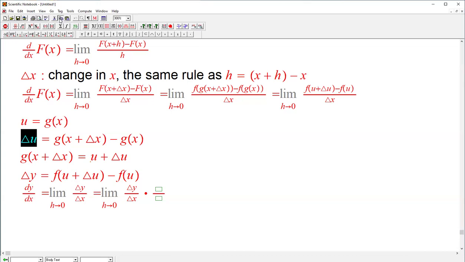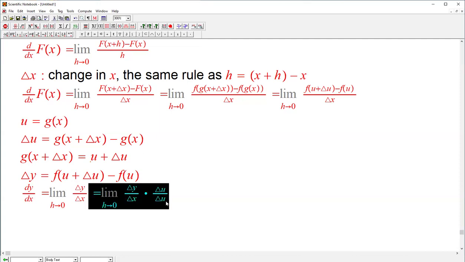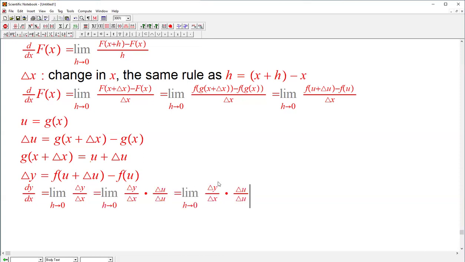And for this one, we're going to multiply delta u divided by delta u. After we multiply by 1, we're going to switch the places of delta u and delta x. So this is a purely algebraic manipulation. This is delta u and this is delta x. They switch places.